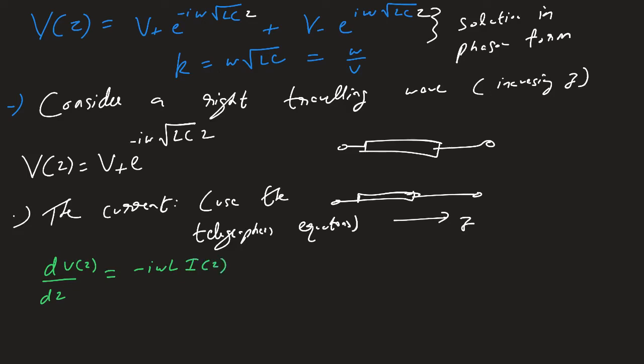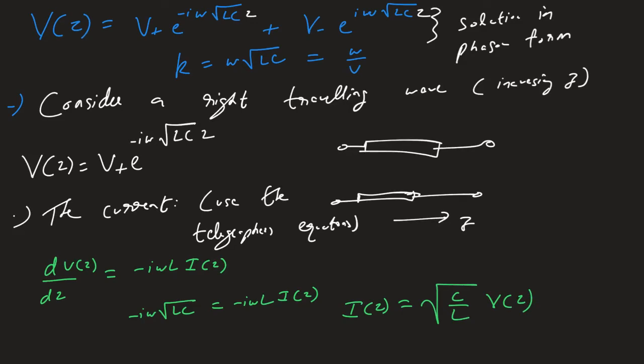And if you use this, you basically find that minus i omega square root of LC V of z becomes equal to minus i omega L I of z. So I of z basically just becomes the square root of C over L, that is, times V of z.